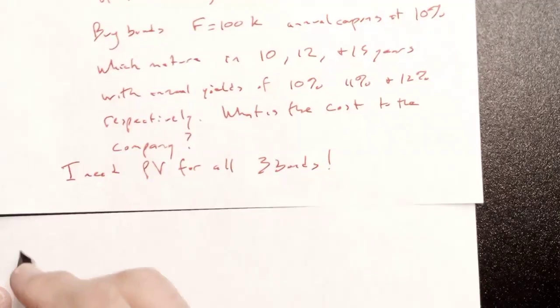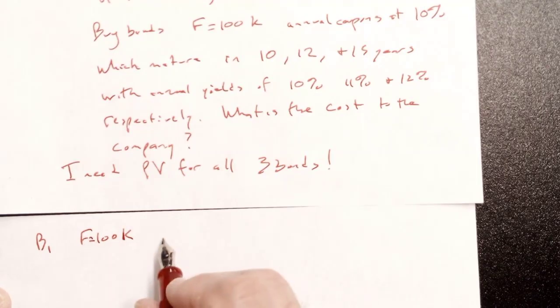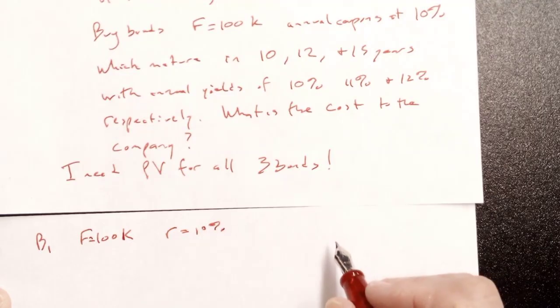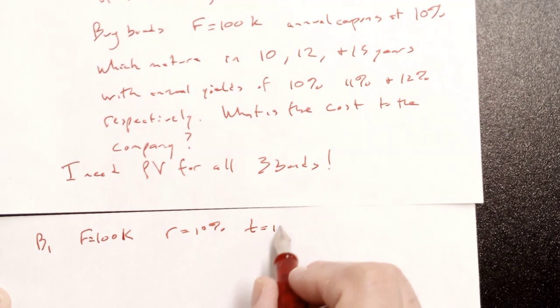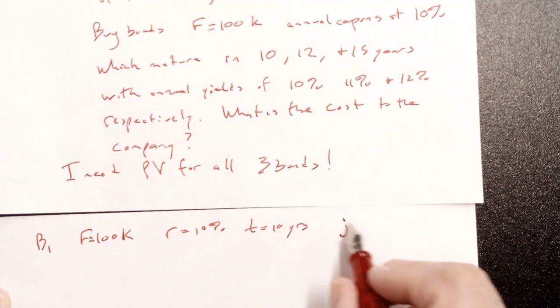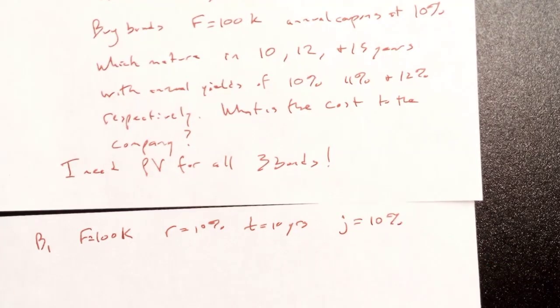Bond one has a face value of 100,000, a coupon rate of 10%, a term of 10 years, and a yield of 10%. What's the present value on this bond?